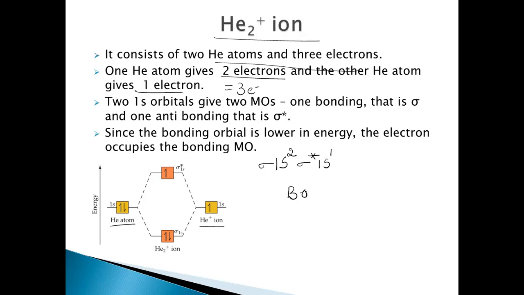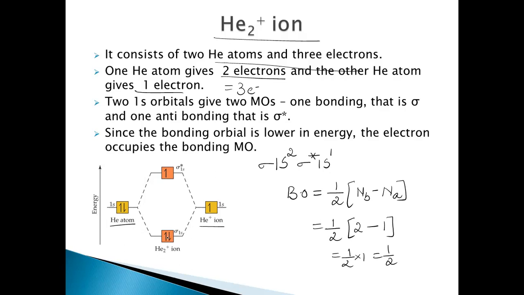When we calculate the bond order, it is half into the number of electrons in the bonding molecular orbital minus the number of electrons in the anti-bonding molecular orbital. The number of electrons in the bonding orbital is 2 and in the anti-bonding orbital is 1. So half into 1 is equal to half. So the bond order is half here. So the molecule does exist and it is more stable than either the He atom or He plus.